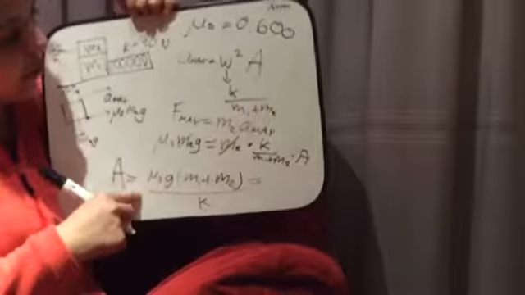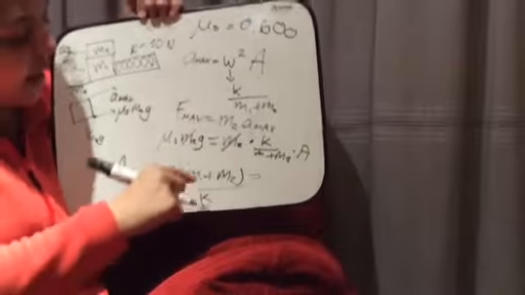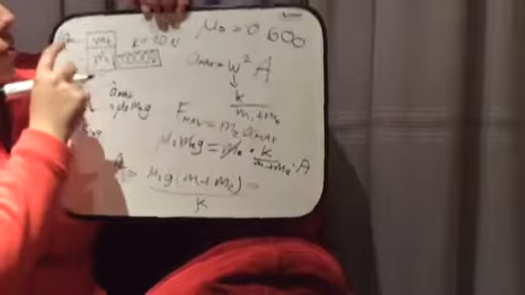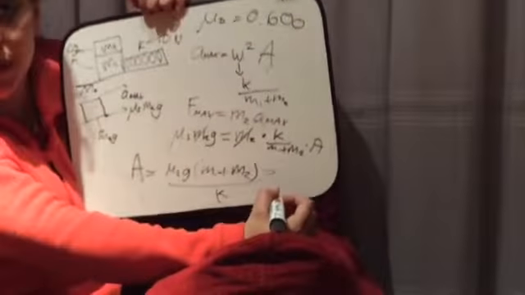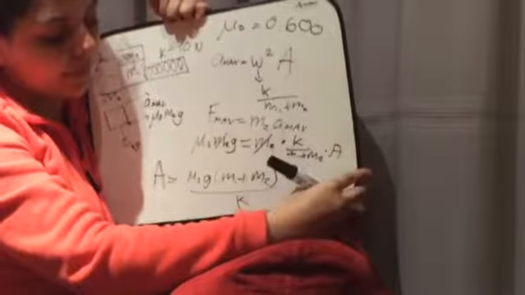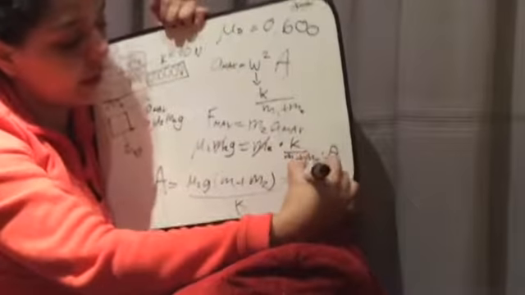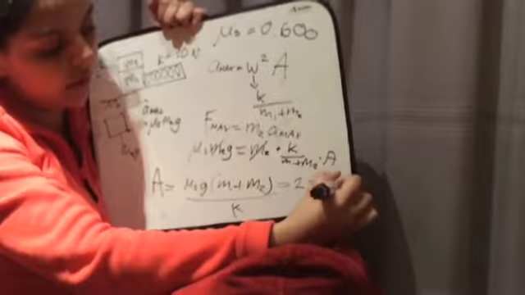So we substitute the values here. This is 0.6, 9.81, 10, and here it's important to remember to take this from grams to kilograms, and we get a final answer of 0.02354 meters, which is also similar to 2.35 centimeters.